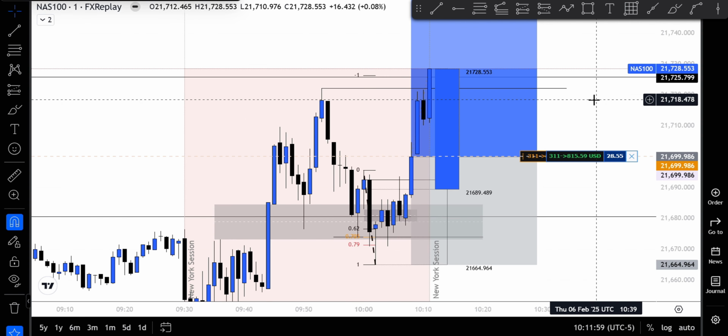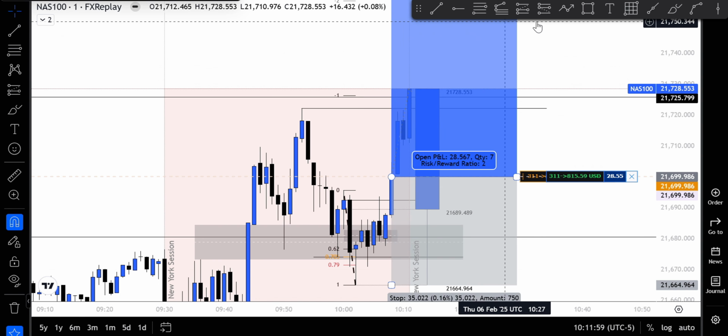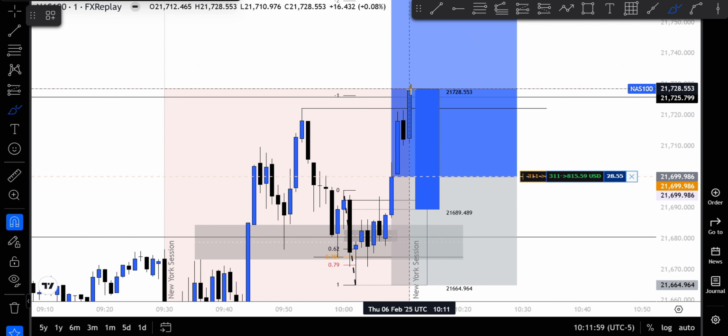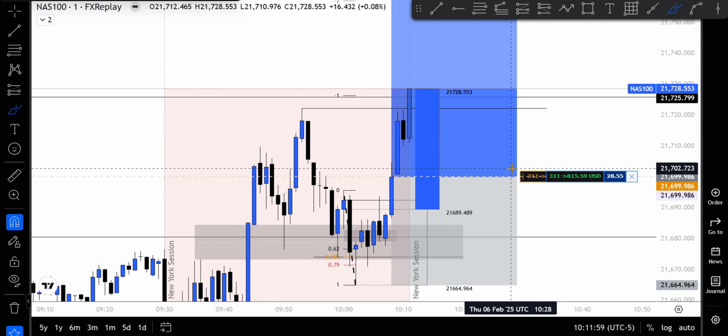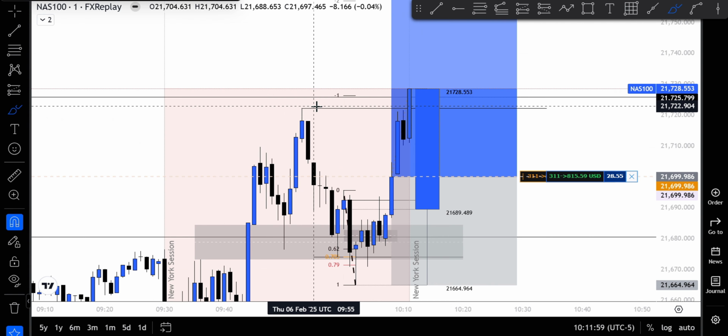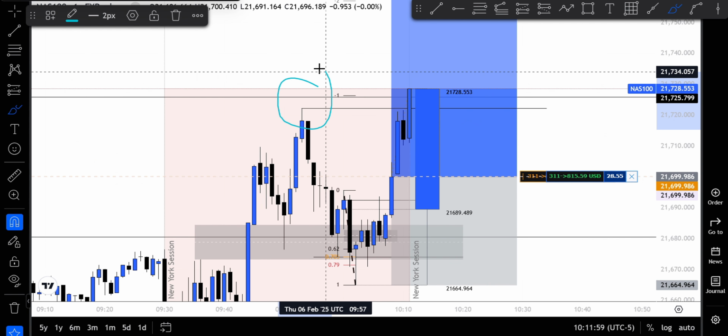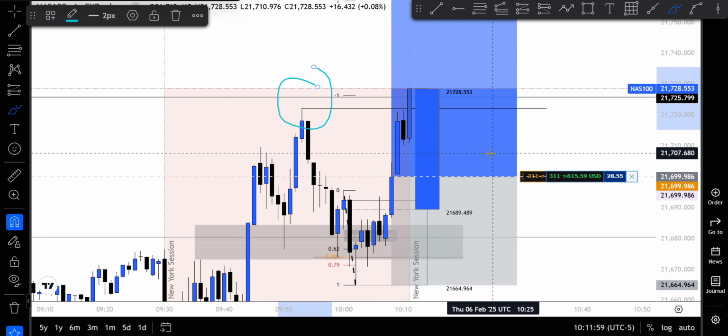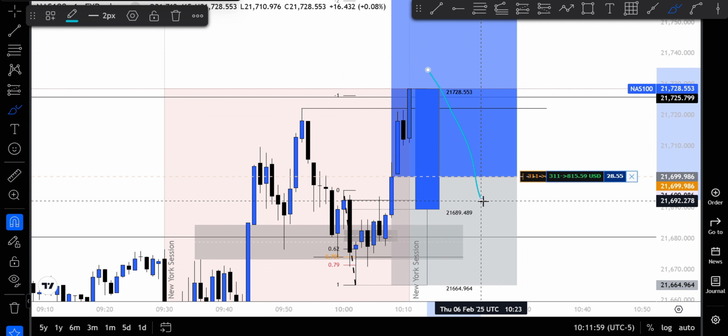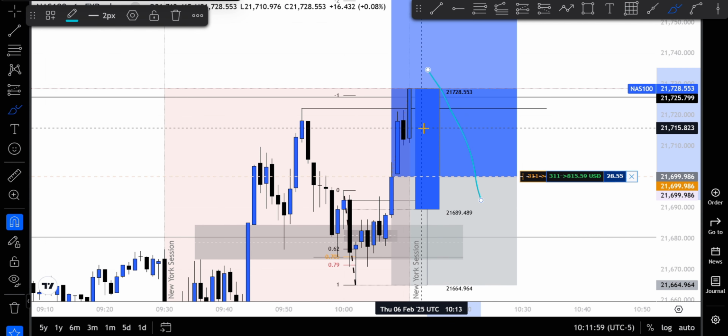Now, what can we expect? We can expect either a strong rejection down, which would signify that this high is a very stable high for sellers, right? Therefore, it's going to be pushing buyers down, which in this case is not what we want, because we're on a bullish narrative for the daily, 4-hour, 1-hour, 15-minute.